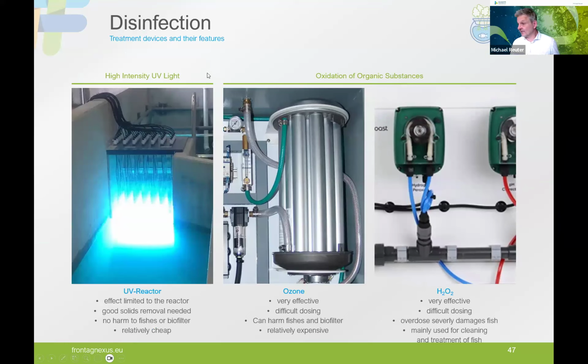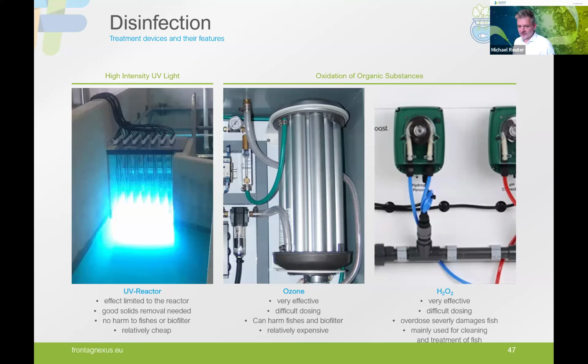One is high-intensity UV light, where we just put some strong UV lamps inside of our water flow, and we have to take care that the amount of radiation that comes from the light is big enough and the flow rate is slow enough so that the water gets enough contact with radiation so that we can eliminate all harmful organisms.